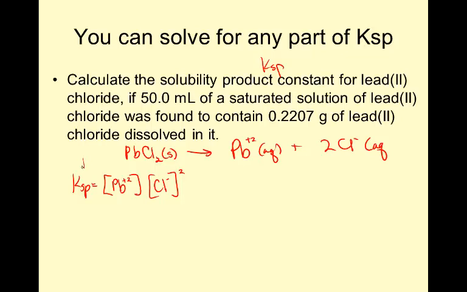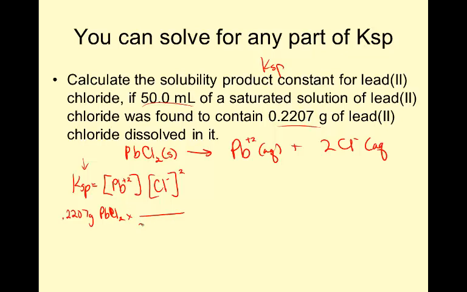Okay, we're trying to find this, so we have to plug in the concentration of lead and the concentration of chloride. But we don't know that yet because we have to calculate it. So this is grams and this is milliliters, but in order to get molarity or concentration, we need moles per liter. So I'm going to take the 0.2207 grams of lead chloride and change it into moles.